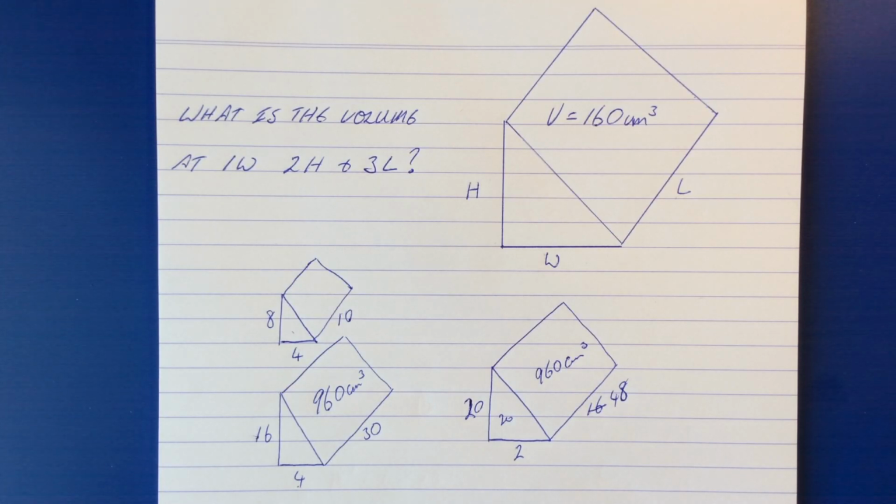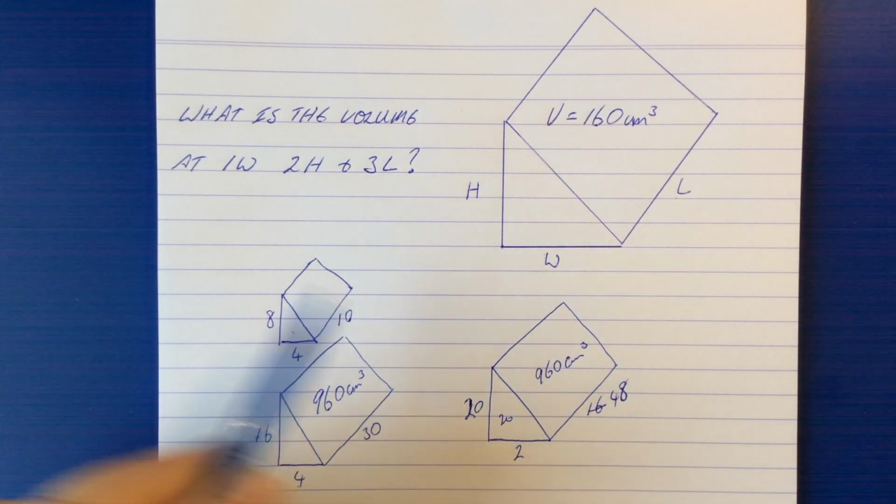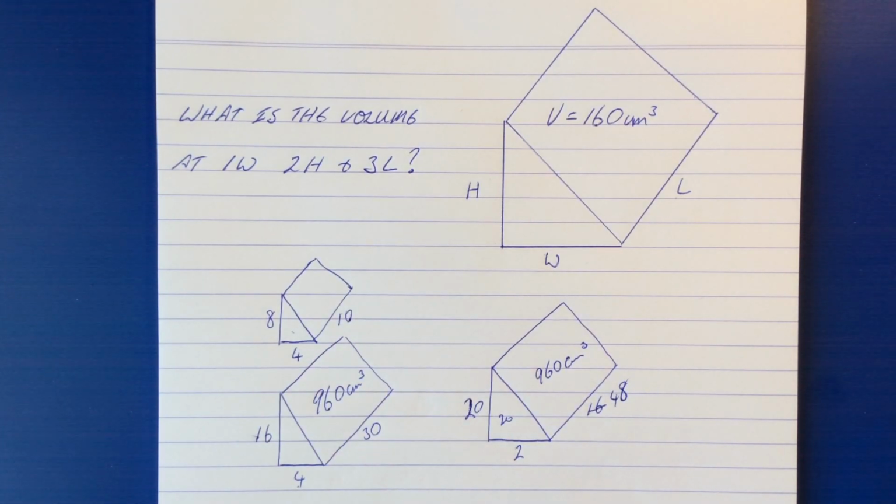So what I'm going to do is say that this was my method for doing this when I was in a time constraint. I suspect that there's an algebraic method, which I'm not going to get into.